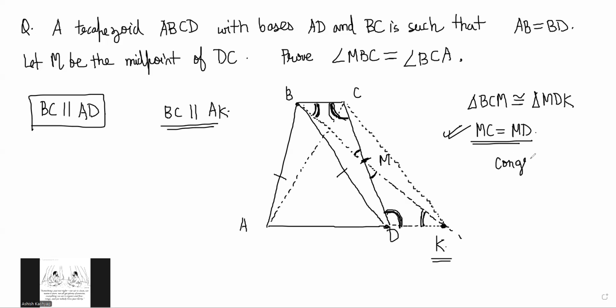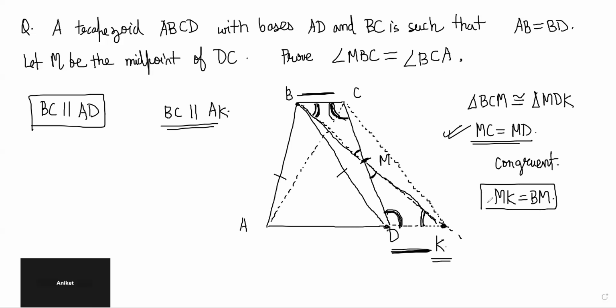If they are congruent triangles, everything is the same in these two triangles, so the side lengths will be the same also. So we know that DK will be equal to BC, right? We also know that MK is equal to BM.